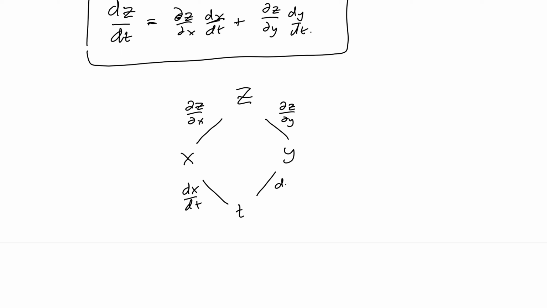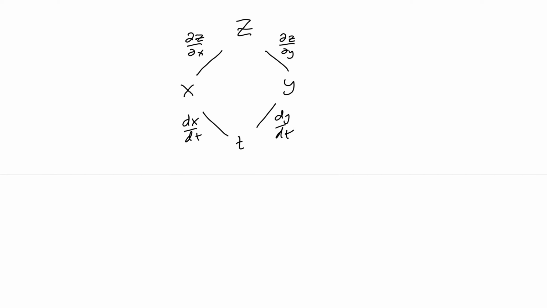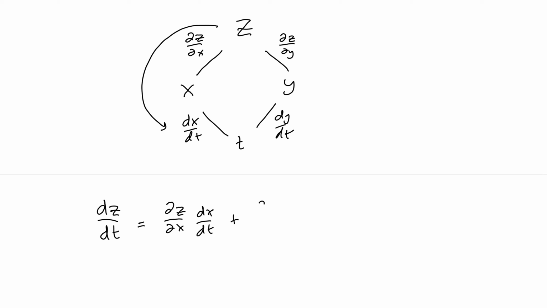These are just regular derivatives. And so then if we look from z all the way to t, there's only one variable on the line at the bottom, so it's a regular derivative. And then we follow each path down. So if we go down this path, we get ∂z/∂x times dx/dt plus ∂z/∂y dy/dt, following the other path.